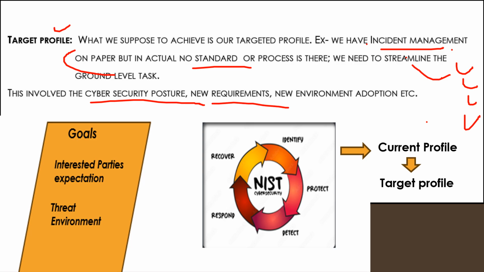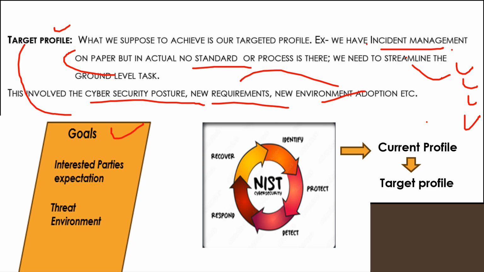Okay, what are the new requirements which we need to think over, because client adoption is needed to bring the trust of the stakeholders, plus environment adoption mixed with it. So we can say that goals directly relate to the target profile.